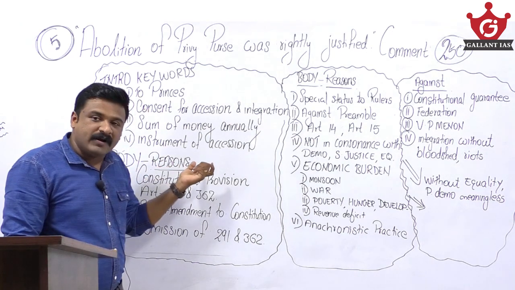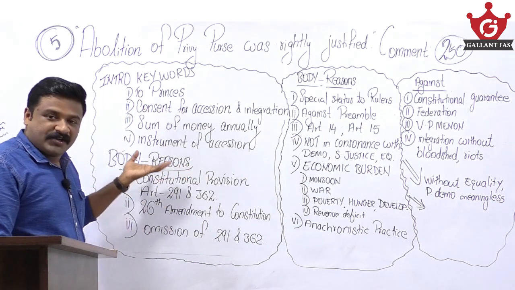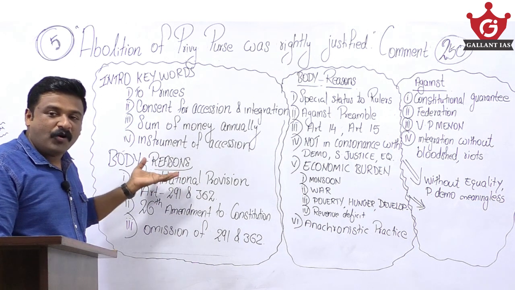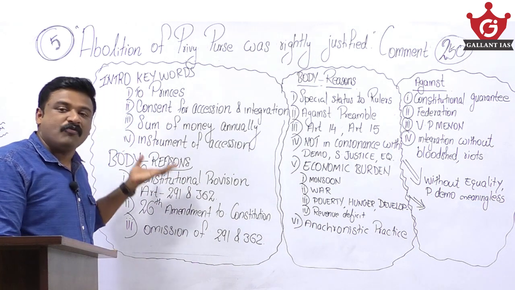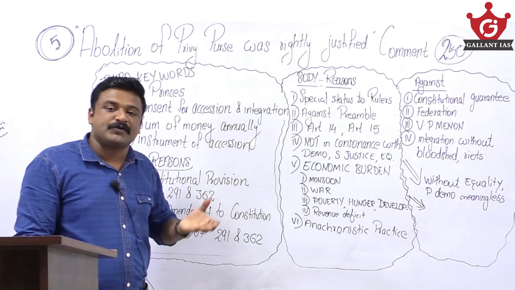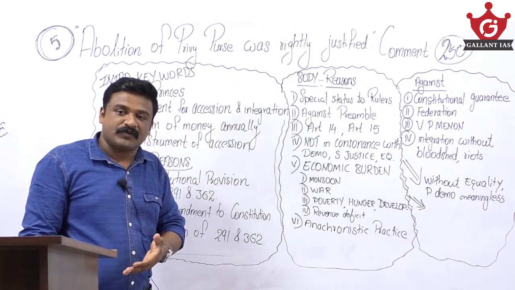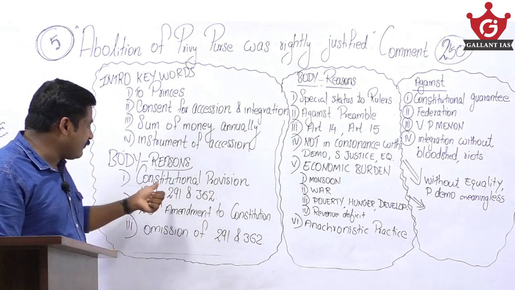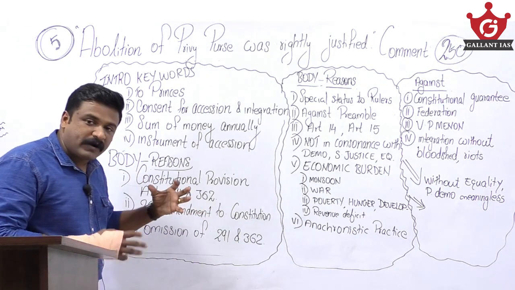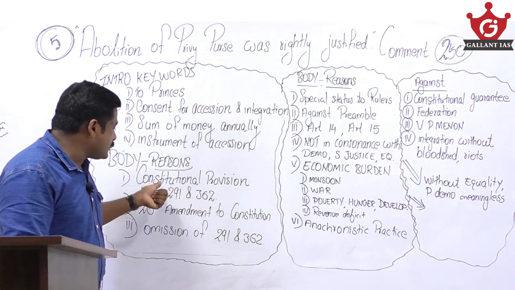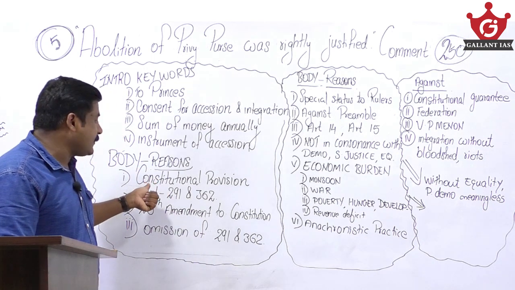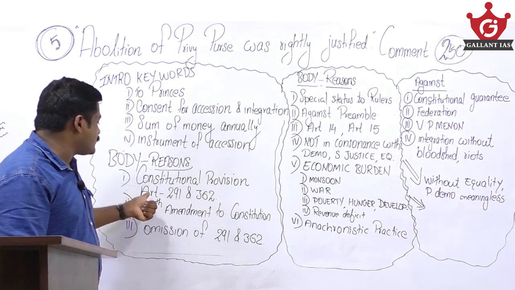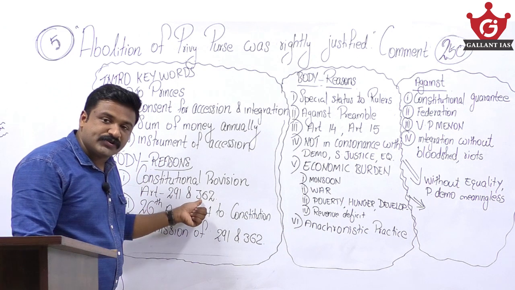Coming to the body part, you will have to say whether the abolition of privy purses is justified or not. Before that, you will give the relevant points about privy purses. The privy purse was introduced by constitutional provisions of Article 291 and 362.